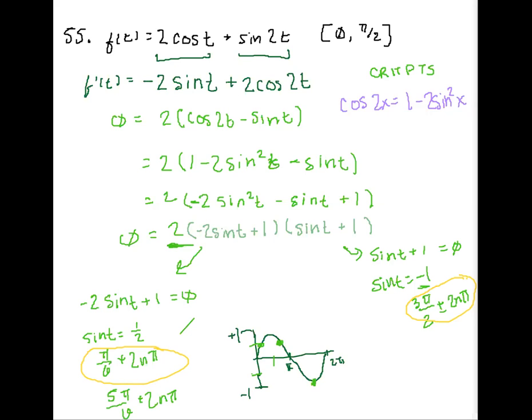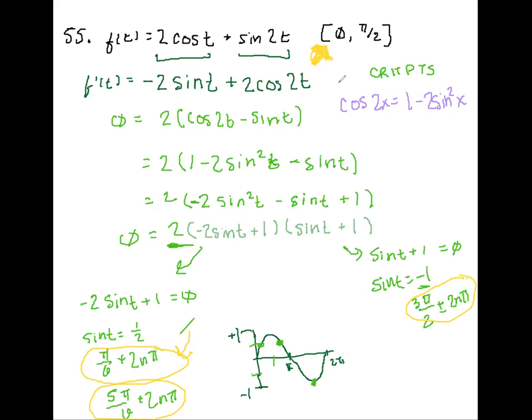Okay. So we had to use the unit circle and this graph of the sine curve to get here, but we're chugging along. We've got 3 different critical points, right? How many of these are within our interval? 1 of them.